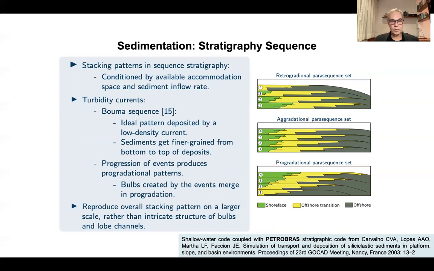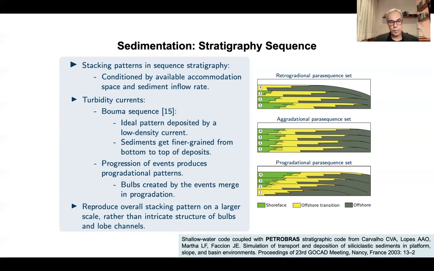In turbidity currents, we are trying to mimic and simulate the Bouma sequence, and this progression of events producing this progradational pattern, like you see on the right: retrogradational, aggradational, and progradational. And the lobes are created by the events merged in the progression.